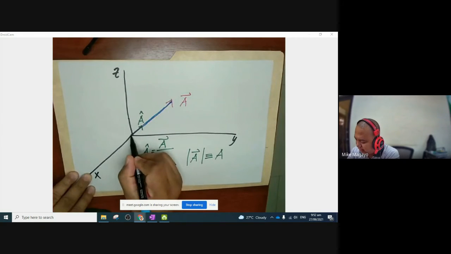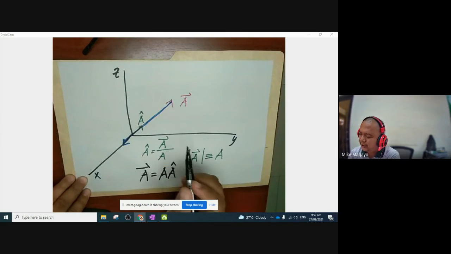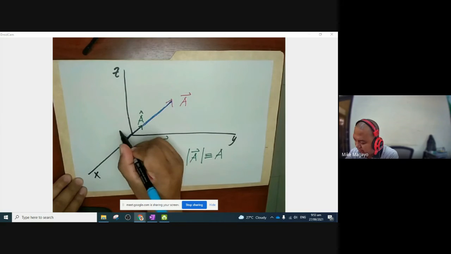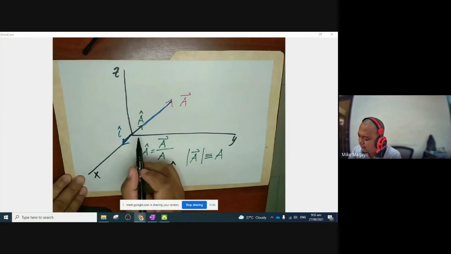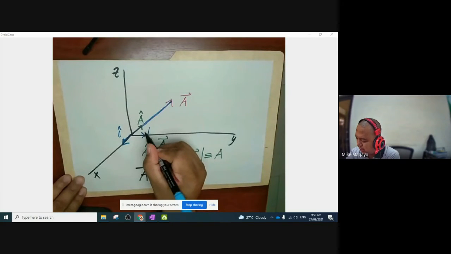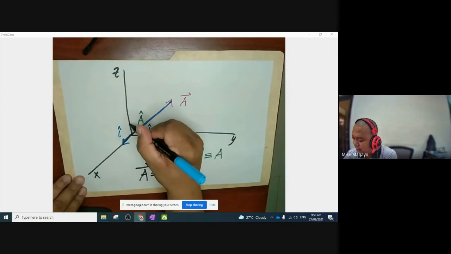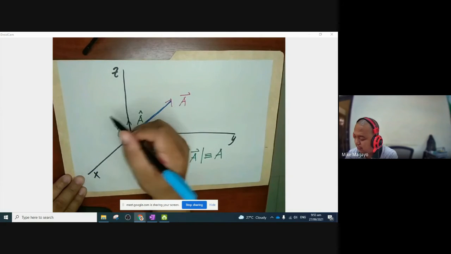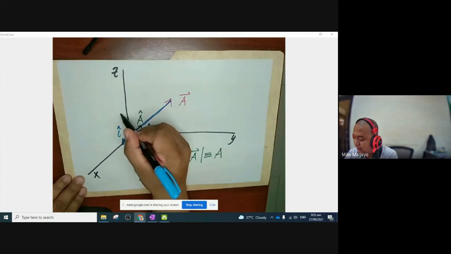Along the x-axis, denoted by this blue line, we could consider the unit vector along x to be i hat, a unit vector along y to be j hat, and a unit vector along z is called k hat.